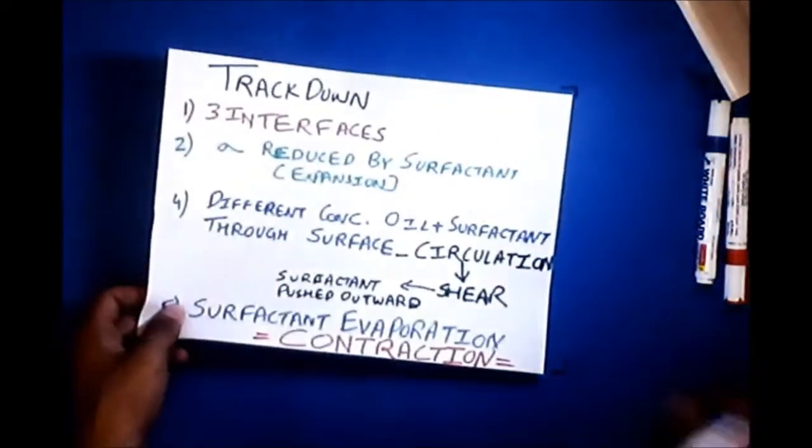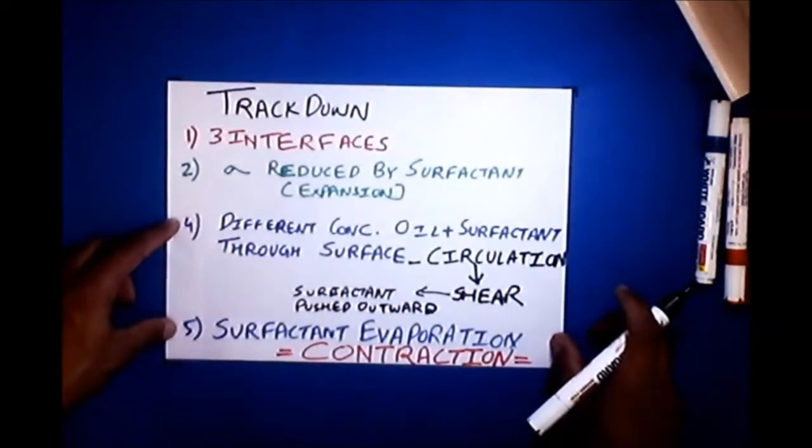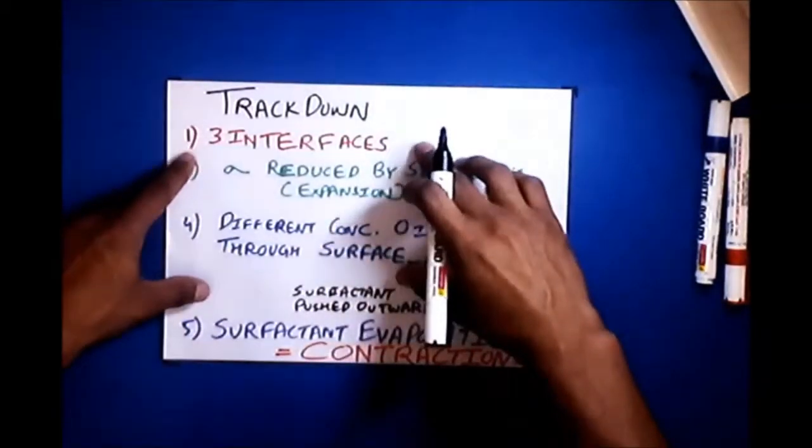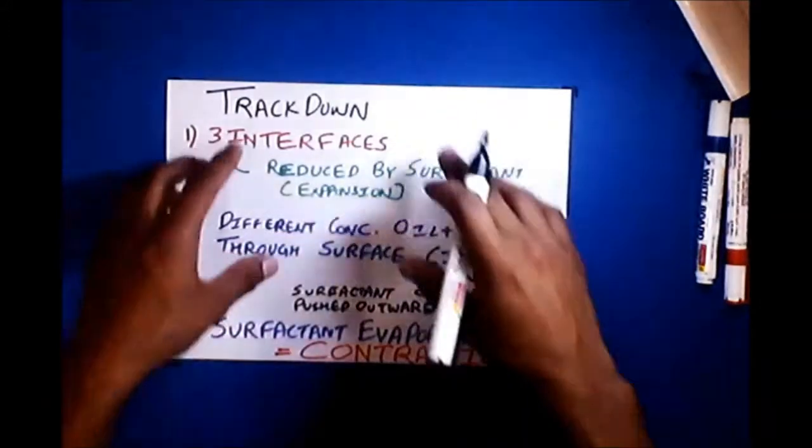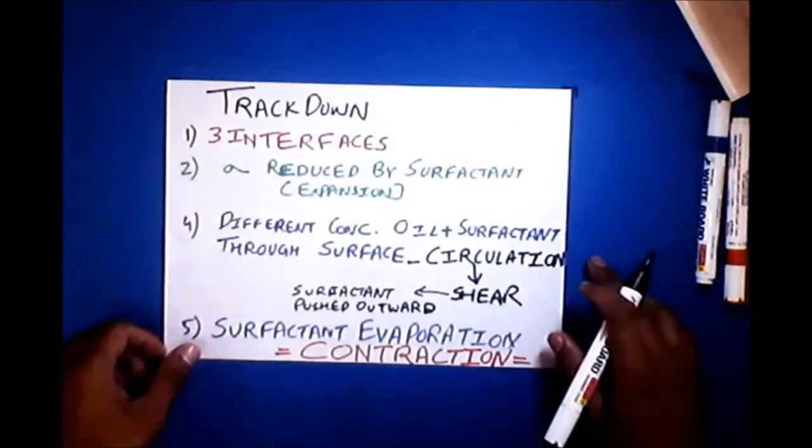After I've confused you with a lot of random ramblings and a few technical terms, let us track down what exactly is happening in this process. First we consider the three interfaces: the oil-surfactant, the oil-water, and the air-surfactant.